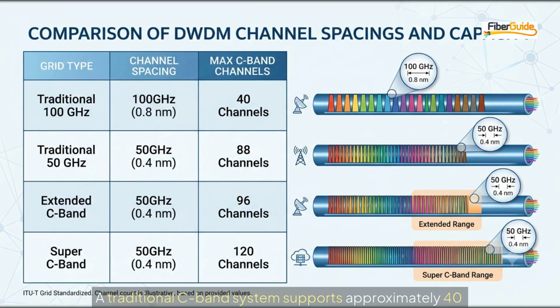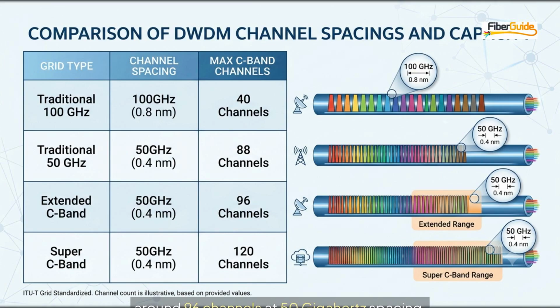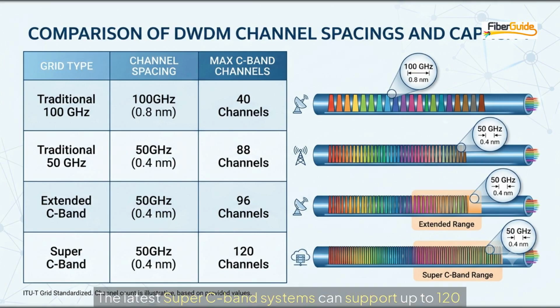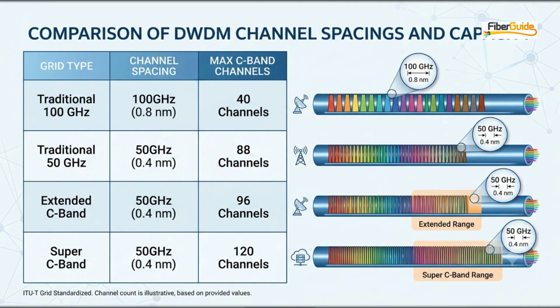A traditional C-band system supports approximately 40 channels at 100 GHz spacing or 88 channels at 50 GHz spacing. Modern optical systems push capacity even further. Using the extended C-band, operators can typically deploy around 96 channels at 50 GHz spacing. The latest Super C-band systems can support up to 120 channels.